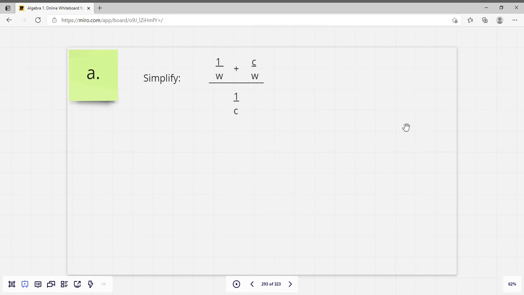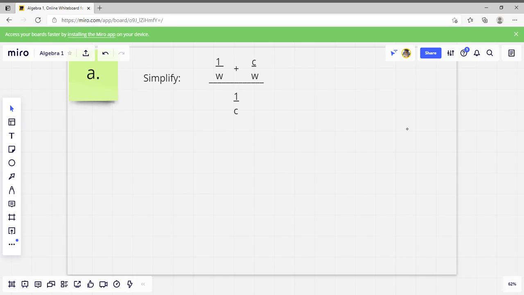All right, so this one, A, first thing we're going to do is, oh, we already have a common denominator, so that's easy. That's just going to equal 1 plus c over w, and that's over 1 over c.